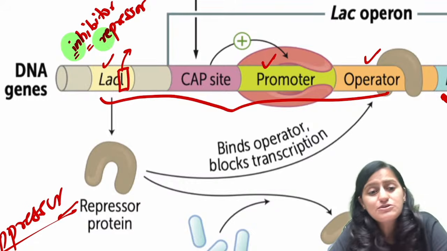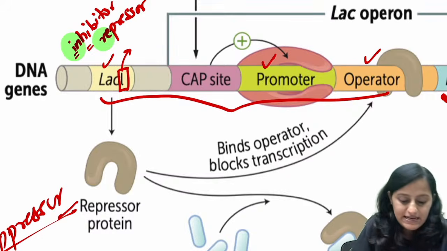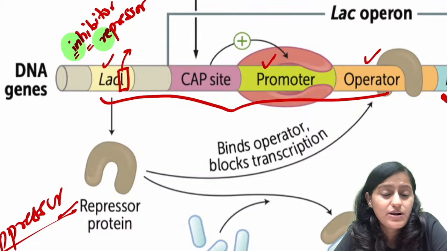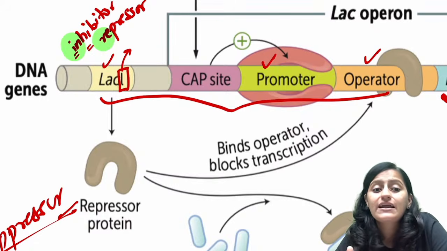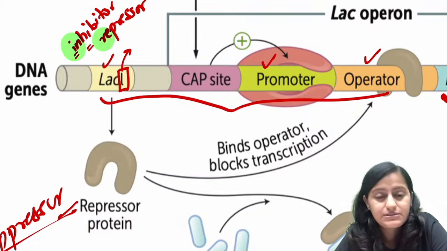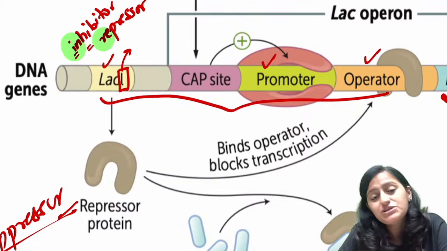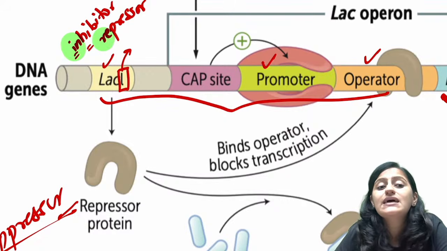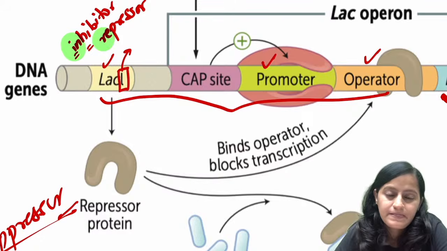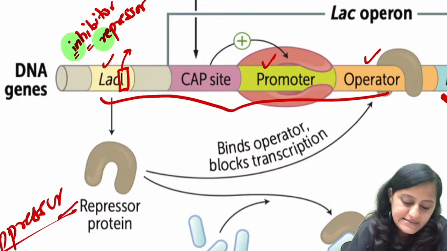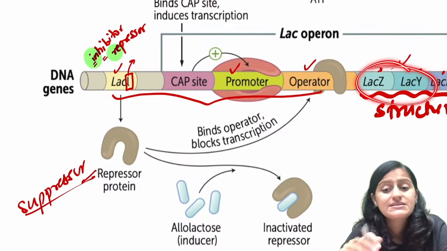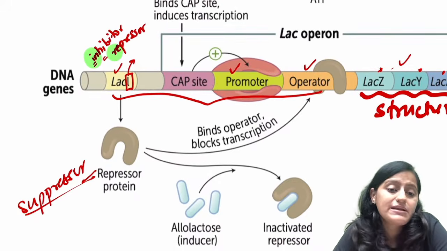Then you have the next question. From these DNA genes, you know that what comes from DNA is RNA. What is that process called? DNA to RNA is transcription, right? For the synthesis of RNA, you require RNA polymerase. So at what site does this RNA polymerase bind? Among these, lac I, promoter, operator, where does the RNA polymerase bind?